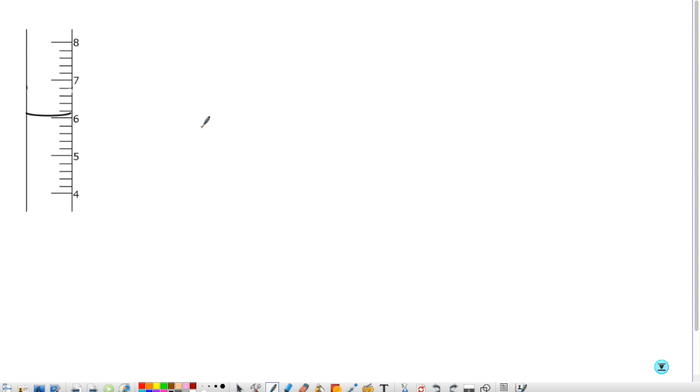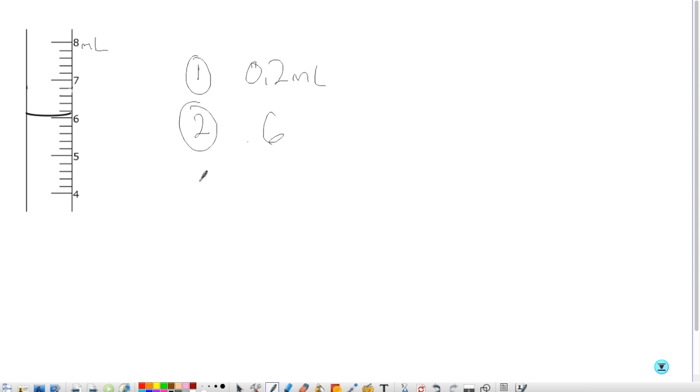All right, why don't you pause it and take a look at this one, and see if you can come up with the correct value of this volume. So, step 1, find the smallest markings. The smallest marking is 0.2 milliliters. Step 2, I only know the ones value for sure, so that's 6.